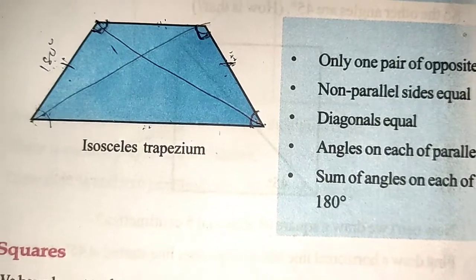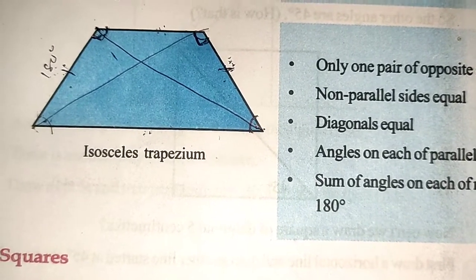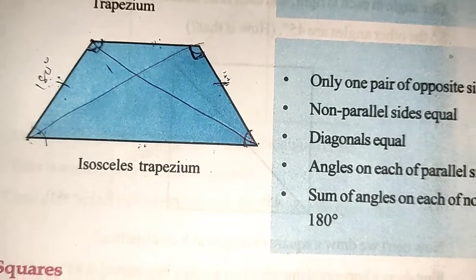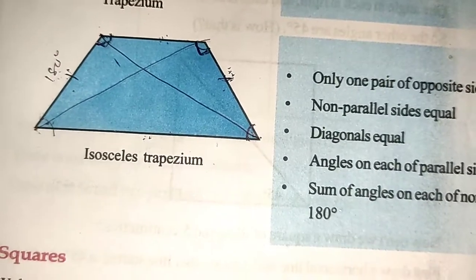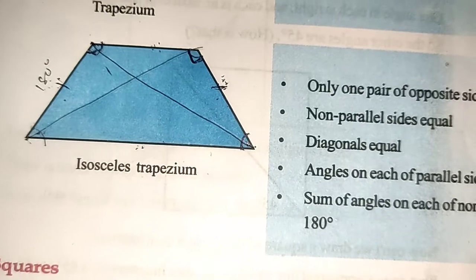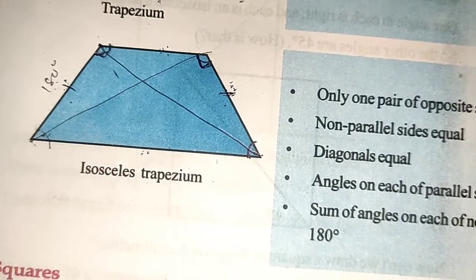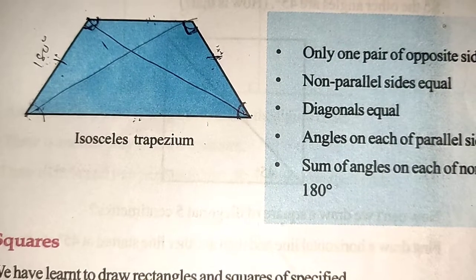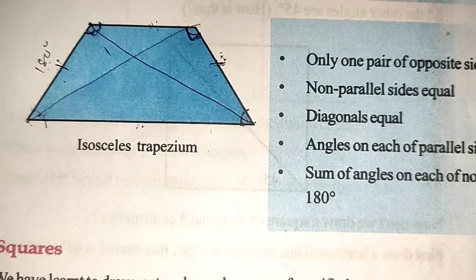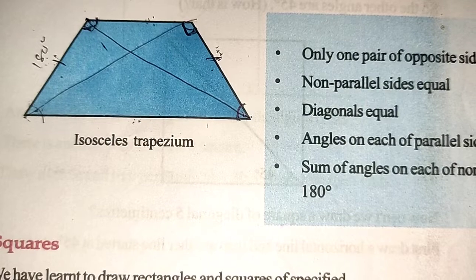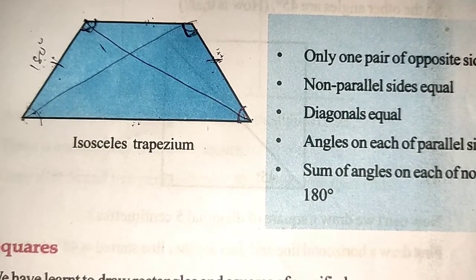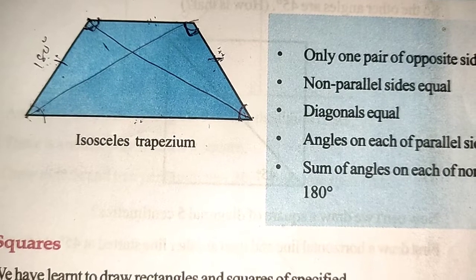Okay children, so here we have some classifications of quadrilaterals, and we went through some figures: rectangle, square, parallelogram, rhombus, trapezium and isosceles trapezium, and the specialities of those quadrilaterals also. You have to learn all the specialities of these quadrilaterals by heart. Then we can draw some quadrilaterals.